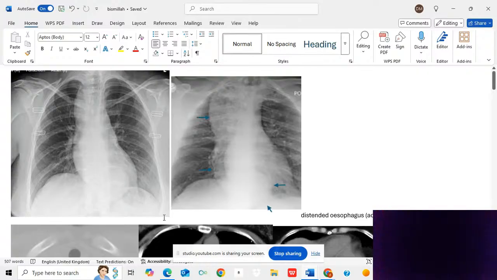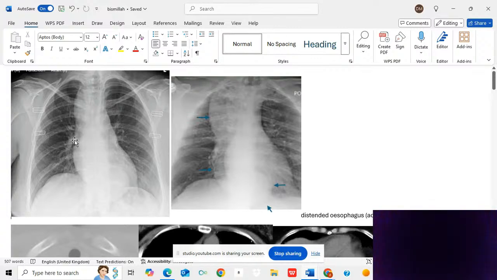This is a chest X-ray of a patient with difficulty swallowing. So I need you to look carefully here. Can you see this retrocardiac opacity? It's also seen here. It's the same. It's typical, the same.